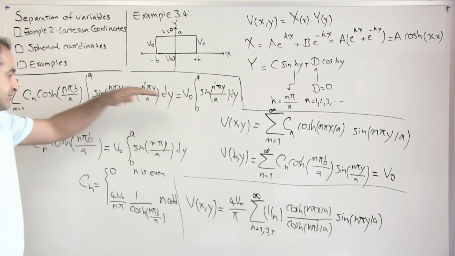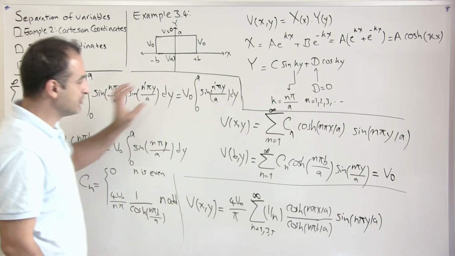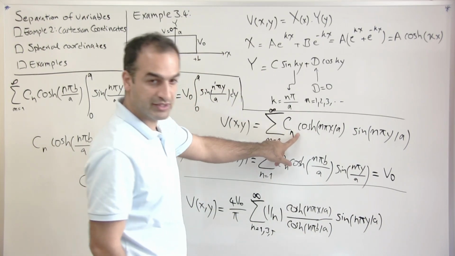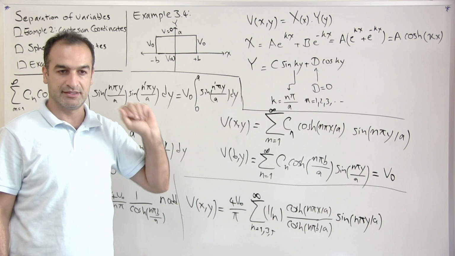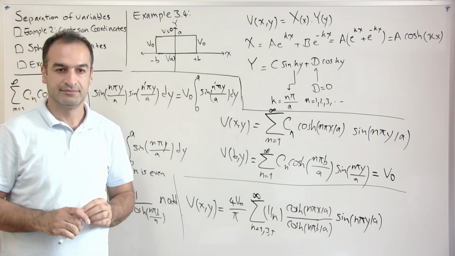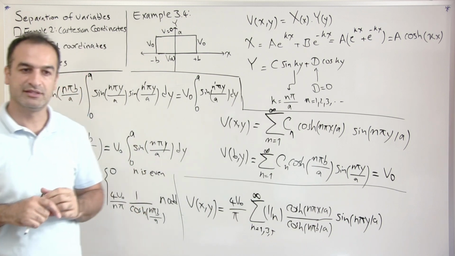We did that, and step by step we came up with a solution for the Cn values, and we put these Cn values back in this solution. With those specific Cn values, it will meet the boundary condition as well. I hope the general scheme is more or less clear for you guys.